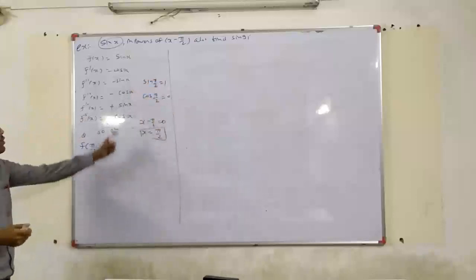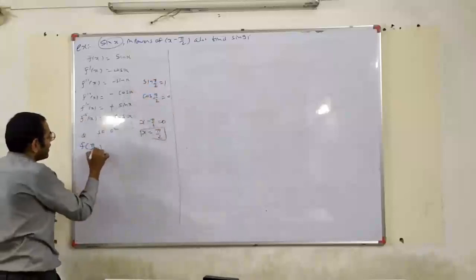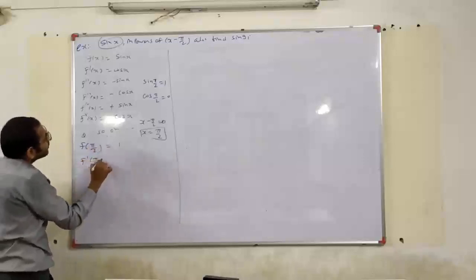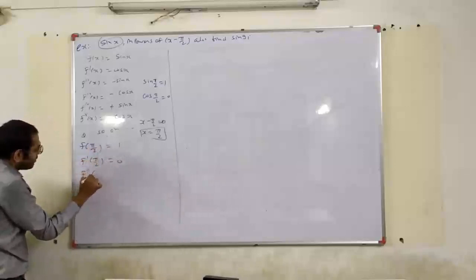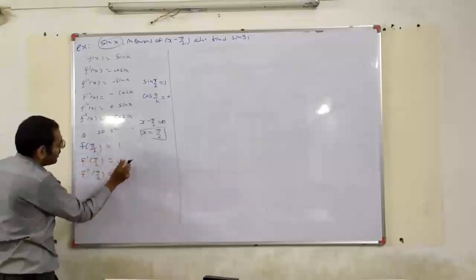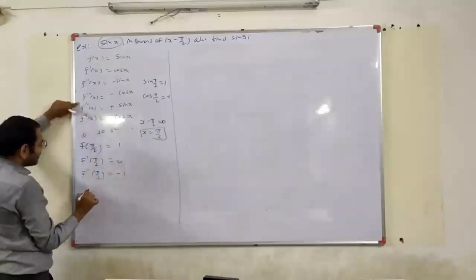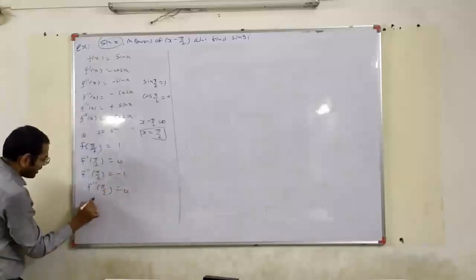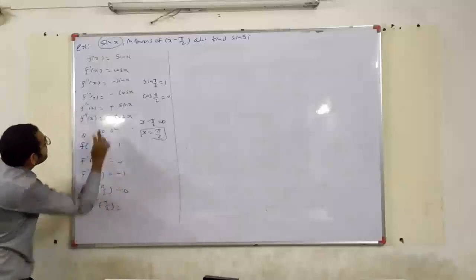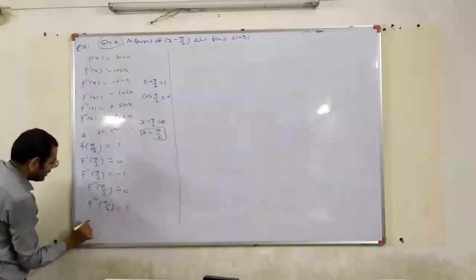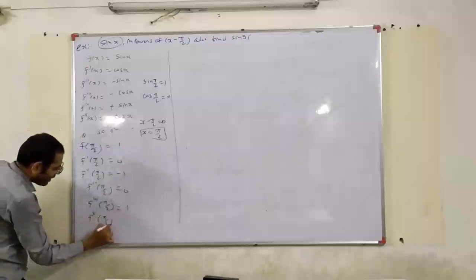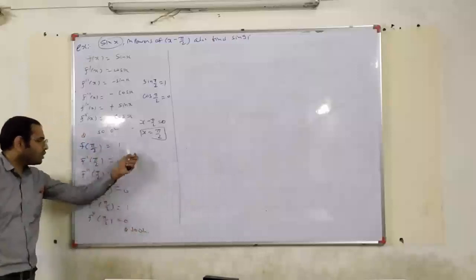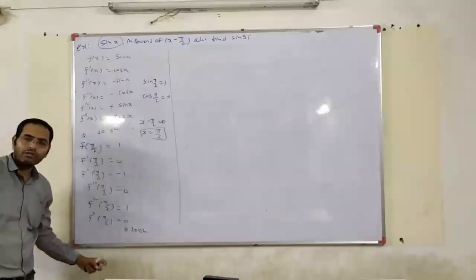Then f of pi by 2 is 1, f dash of pi by 2 is 0, f double dash of pi by 2 is minus 1, triple dash of pi by 2 is 0, fourth derivative of pi by 2 is 1, and fifth derivative of pi by 2 is 0, and so on. These terms will continue: 1, 0, minus 1, 0, 1, 0, minus 1, 0, and so on.